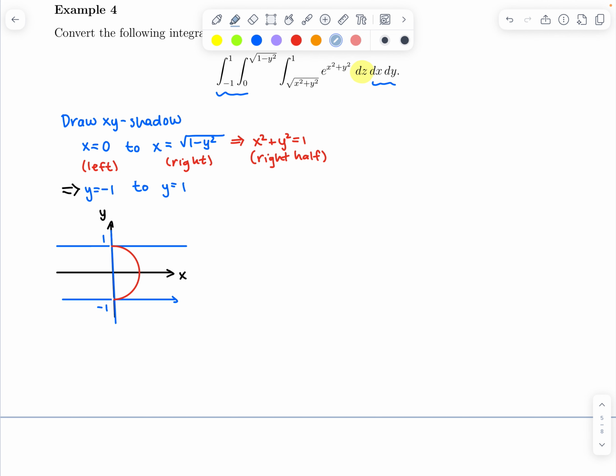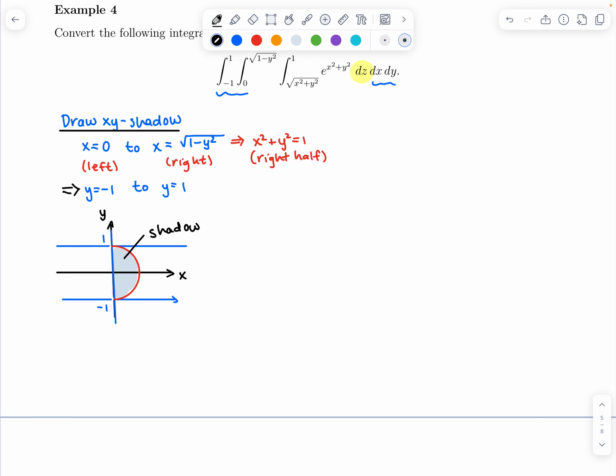I want to make sure I'm only shading things between y values of -1 and 1. I know my left function is this one over here on the left. And so I am going to have a region that is bounded on the left side by the y-axis, x equals 0, and on the right side by that semicircle. So now I know what my region of integration looks like. This is my shadow.